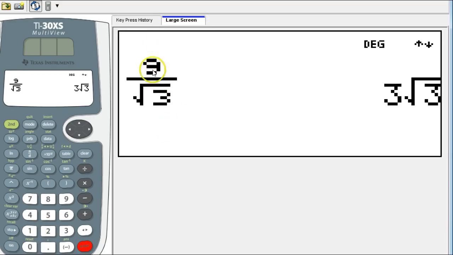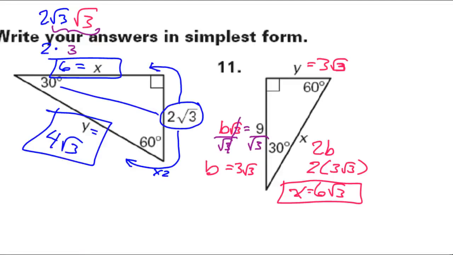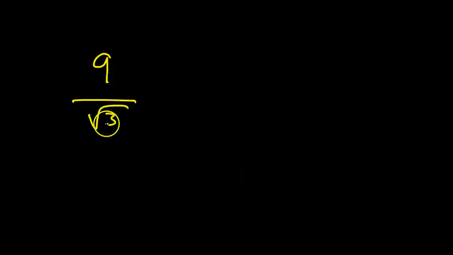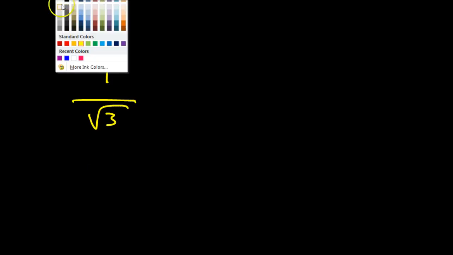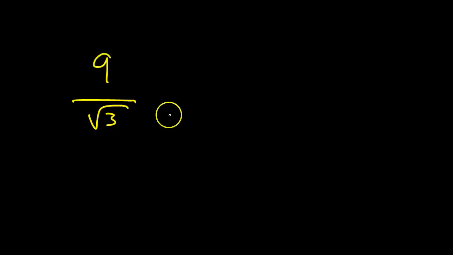Now before we move on, go back to this. What if you had to do 9 divided by radical 3 but you were not allowed to use a calculator? What then? Well, let me just show you that real quick. 9 divided by radical 3. All right, we do something that's called rationalizing the denominator. So if I have 9 divided by radical 3, if I want to rewrite this without a radical in the denominator, I can do that by multiplying by radical 3 in the numerator and the denominator.